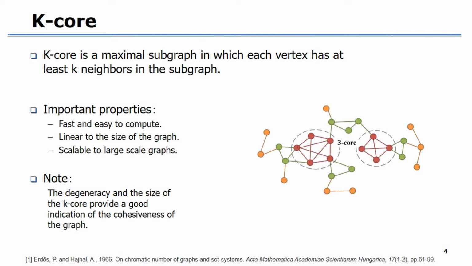K-core is especially useful in modeling the engagement of users in social networks, as the degree precisely captures the number of friends in the subgraph. The degeneracy of a graph is the largest k such that the K-core subgraph is not empty. It provides a good indication of the cohesiveness of the graph.